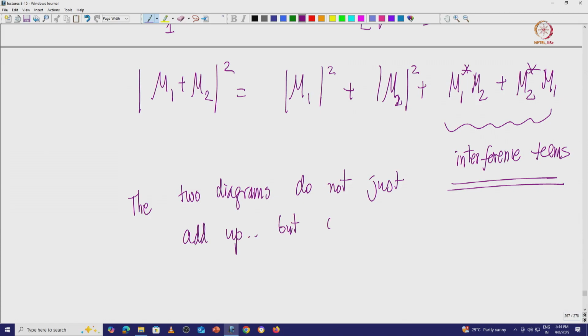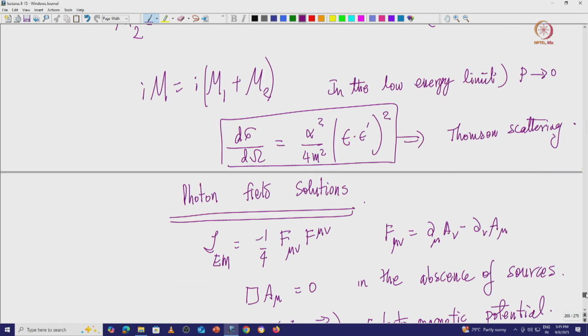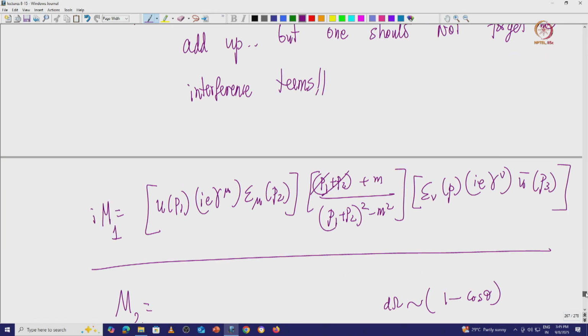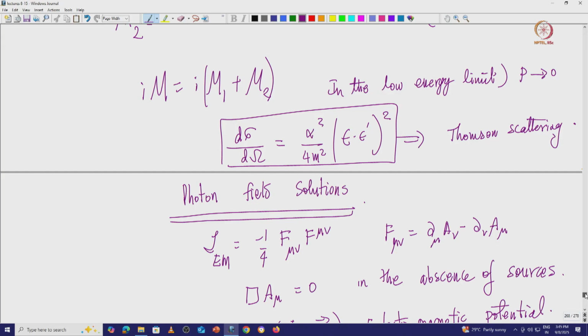but one should not forget the interference terms, okay. One should not forget these interference terms, and using these interference terms and then the trace theorems, you get these particular solutions.